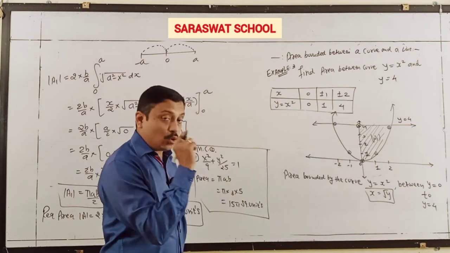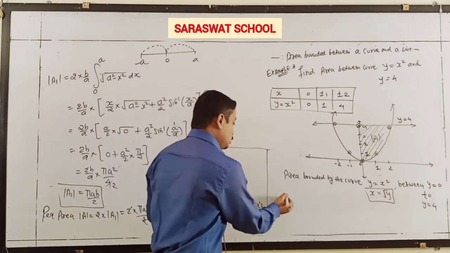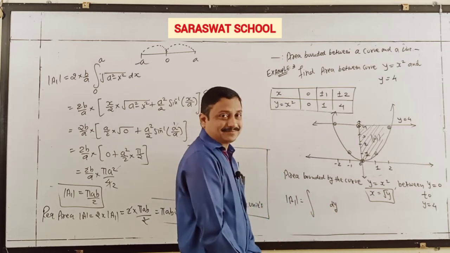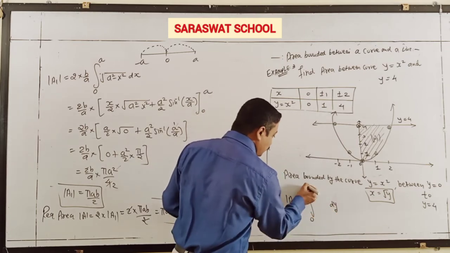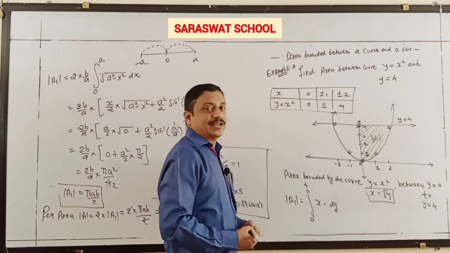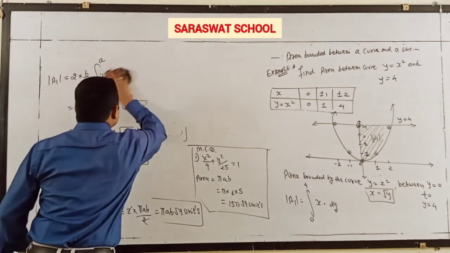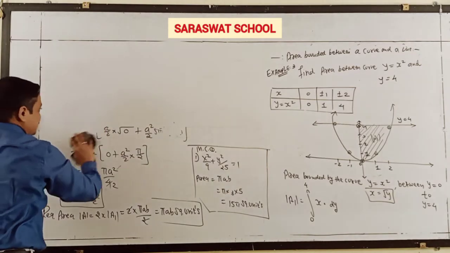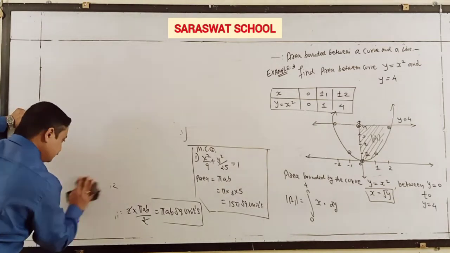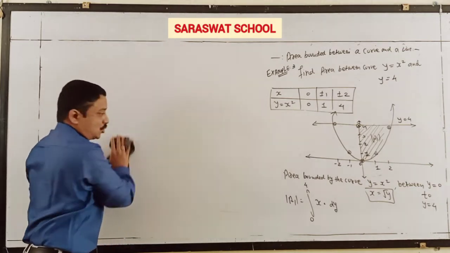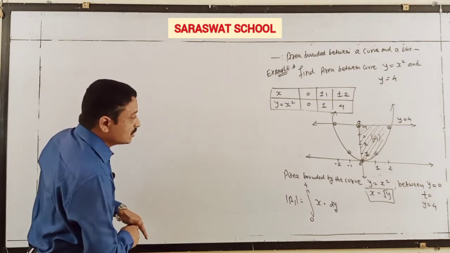I am taking only the y axis, so here dy, y limit 0 to 4, and here x. Now after that the calculation is very short, students, you can easily judge your answer, very simple. So x is what? Root y.